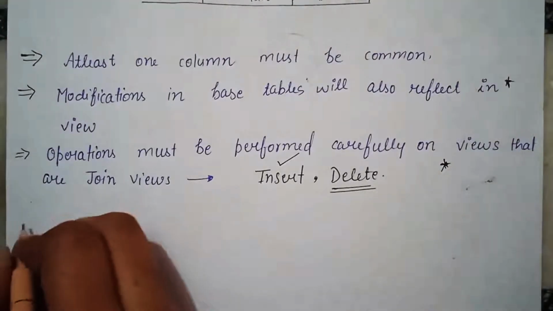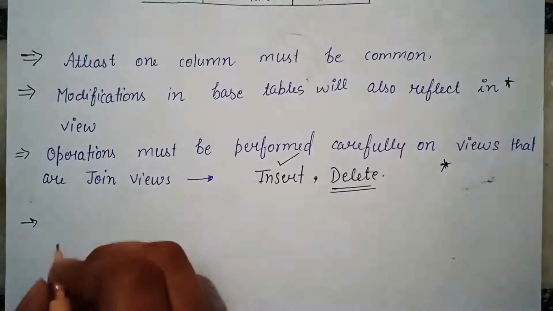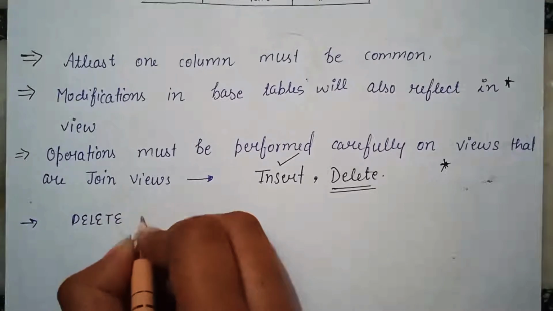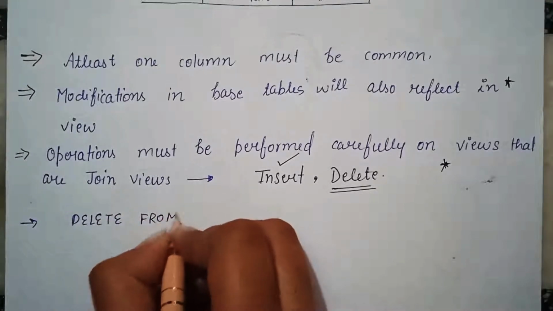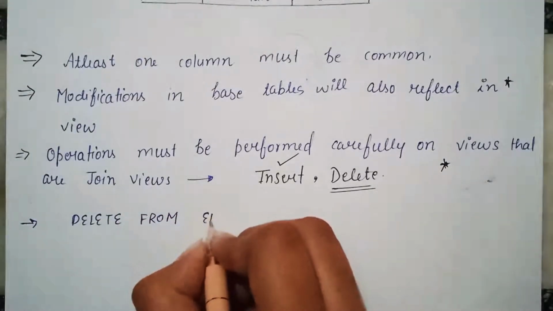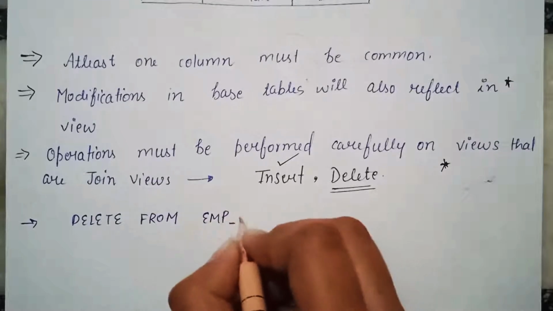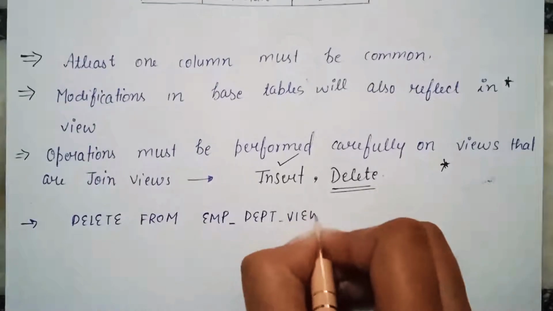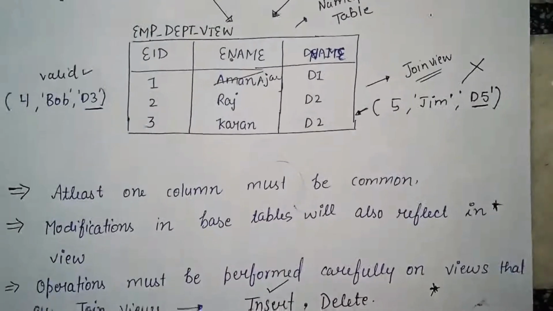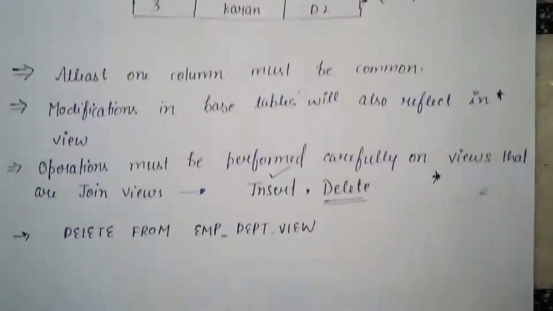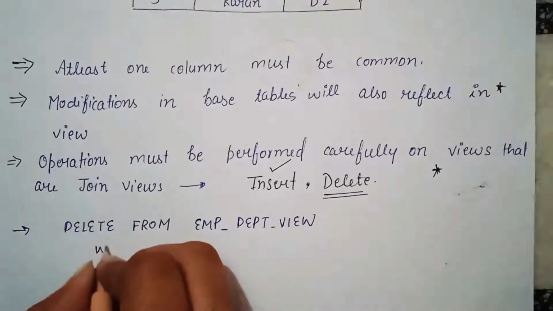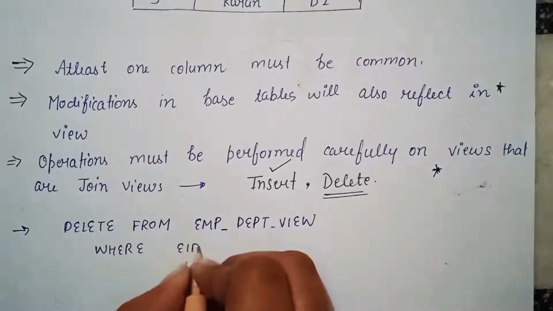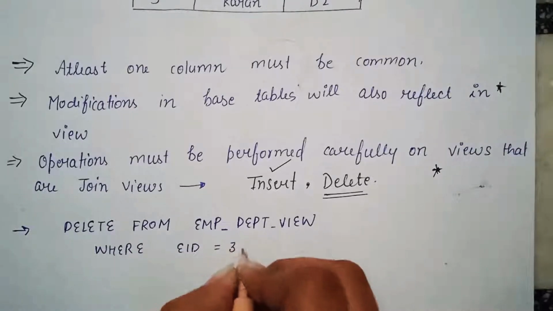Let's say I have written a delete query: delete from emp department view, which is the name of the view that we have created, where employee ID is equal to 3.